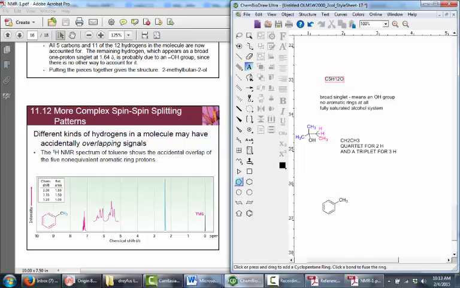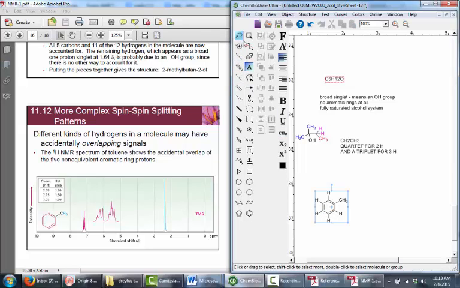So this is toluene. In the aromatic region, you should have 3 groups of protons. The orthos are chemically equivalent to each other. The metas are chemically equivalent to each other. And the para one is not chemically equivalent to anything else.